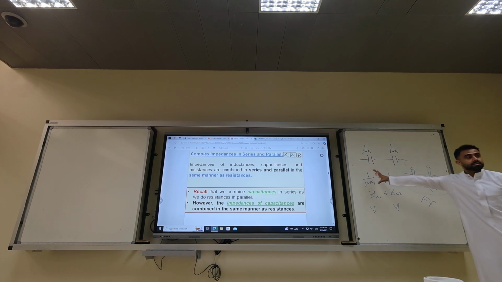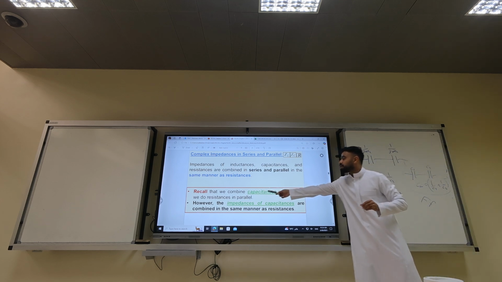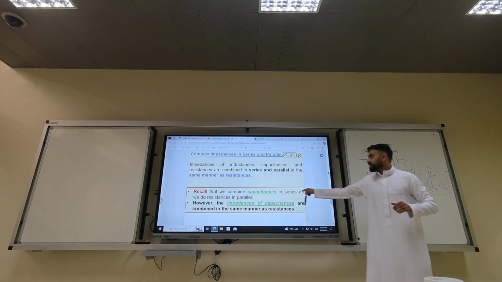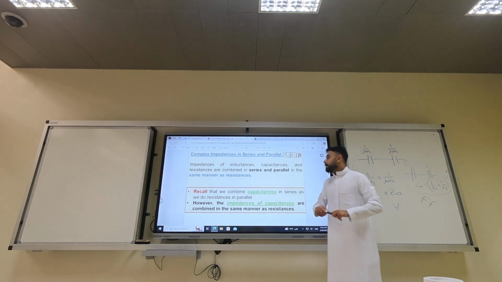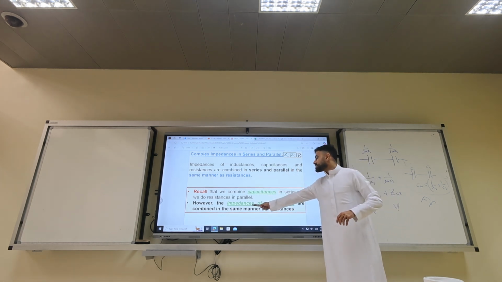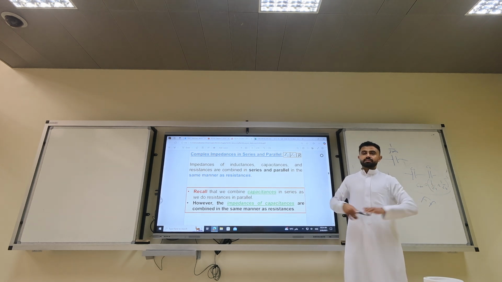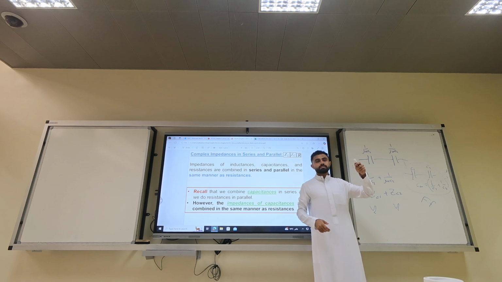The impedances are treated like resistors. Get it? So that's what is meant here. Recall that we combine capacitances in series as we do for resistors in parallel, but the impedances of capacitances are combined in the same manner as resistors. Who doesn't get it?